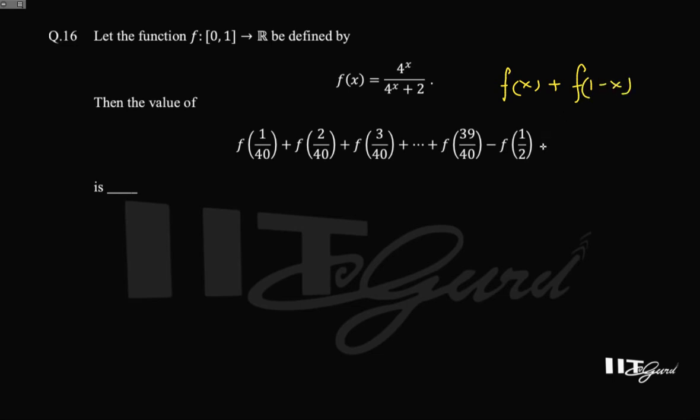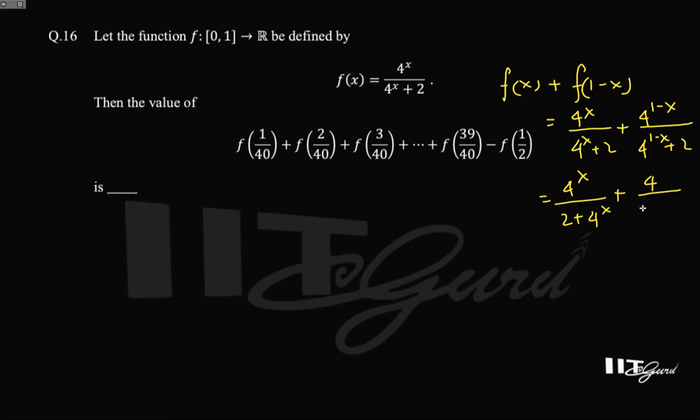If you solve here, you will get 4 to the power x upon 4 to the power x plus 2, plus 4 to the power 1 minus x upon 4 to the power 1 minus x plus 2. After solving, you will get this as 4 to the power x upon 2 plus 4 to the power x. Let me write it this way: 4 plus 2 into 4 to the power x.